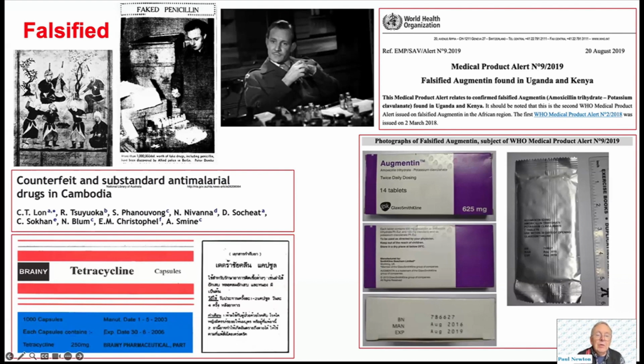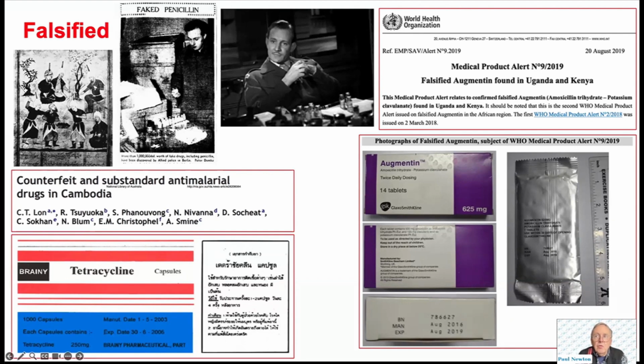And this story led to the making of the film The Third Man, which some of you may have come across, set in post-war Vienna. And the picture in the middle is of the fictional intelligence officer with vials of fake penicillin on his desk. There have been multiple other examples, such as at the bottom left, falsified tetracycline made by a company called Brainy.